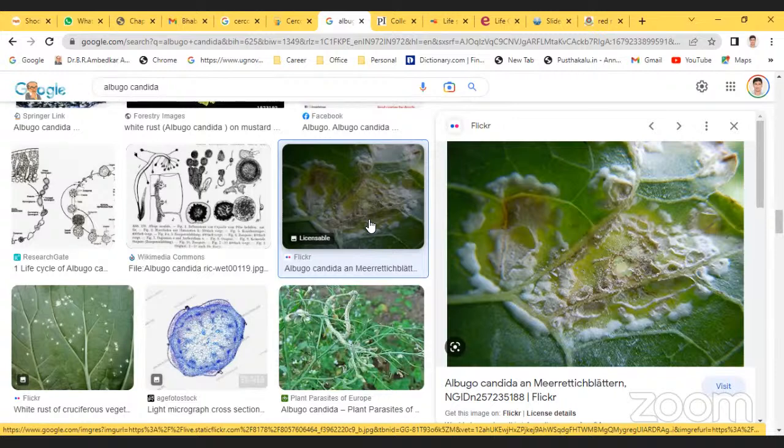The mycelium is hyaline, endophytic, branched, aseptate, and multinucleate. Multinucleate means more than one nucleus. It has button-like haustoria. As we observed in previous classes, fungi have haustoria, and here Albugo candida also has haustoria. They look like buttons.